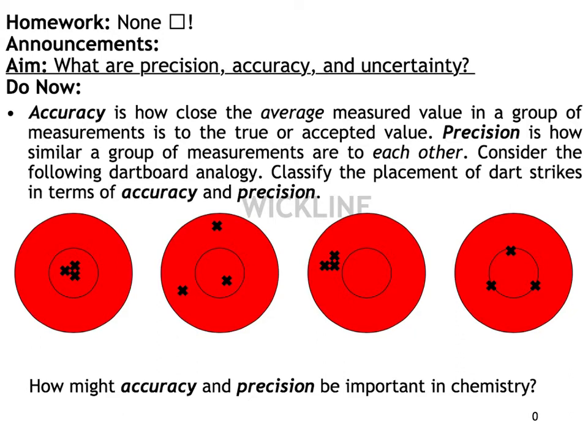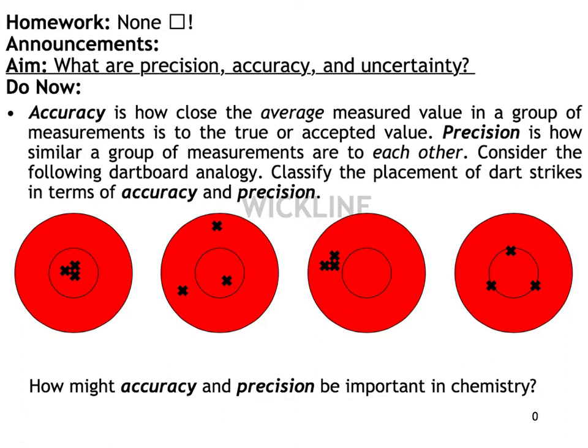If I get on that bathroom scale 3 times in a row, and it gives me the exact same value every time, but those values are not my actual weight, then those values are precise because they're really close to each other, but they're not accurate because they don't average to my actual weight. So that's sort of my quick definition.